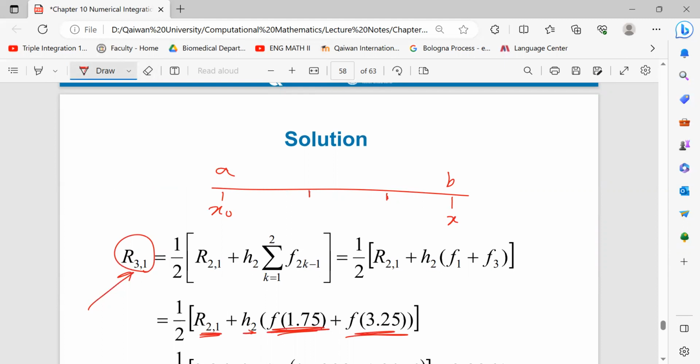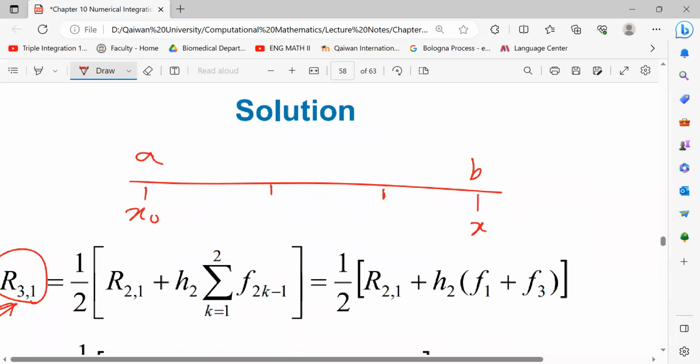If you need to make it into 3 subintervals, here you have 3 subintervals. Now, this X0, this X1, X2, X3. X0 is 1. X3 is 4. If you need to make it into 3 subintervals, what's our step size to get 4?